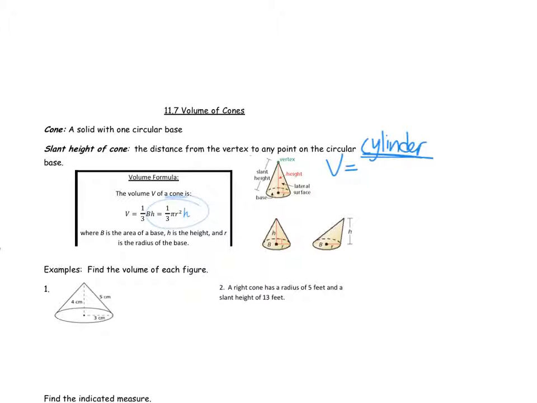It's area of the base times the height, which since it's a cylinder, is pi r squared h. So this is a cylinder, and this is a cone. My question for you is, why does it make sense that there's a 1/3 in front of the volume of a cylinder?